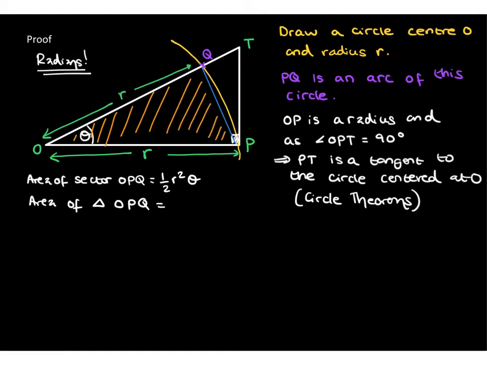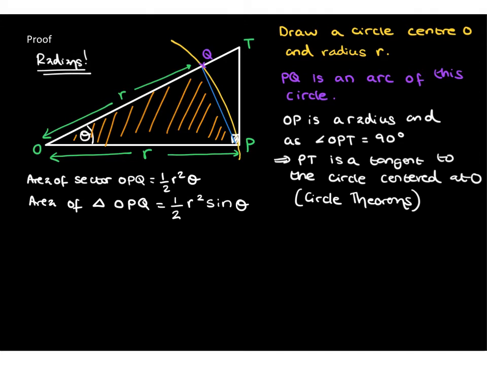It's bound by the two radii and the blue chord from P to Q. So it's slightly smaller in value than the area of the sector, which you can see has a slightly larger area. Now, how do we work out the area of a triangle? A half ab sine C. So a half multiplied by the two side lengths, so r times r, which is r squared, multiplied by the sine of the angle in between. So a half r squared sine theta.